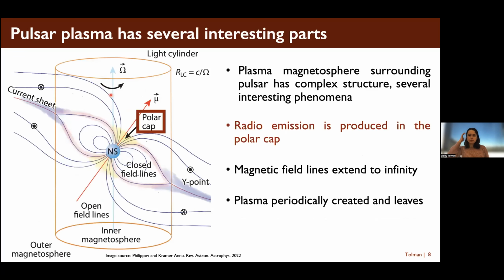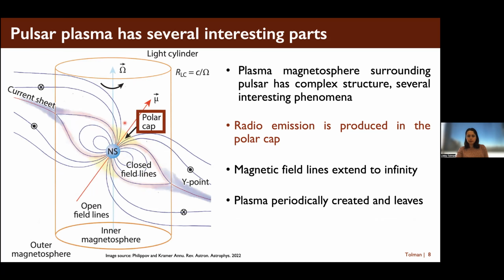The plasma magnetosphere is a really complex structure with several interesting phenomena. You can see a diagram of the pulsar magnetosphere on the left. I don't want you to try to understand everything that's going on here, but the point to take away is that it's very complicated. You have a current sheet, a Y point, closed field lines, and open field lines.